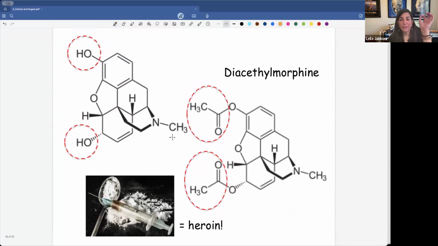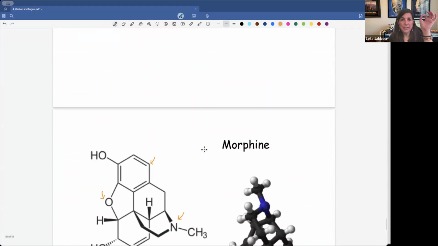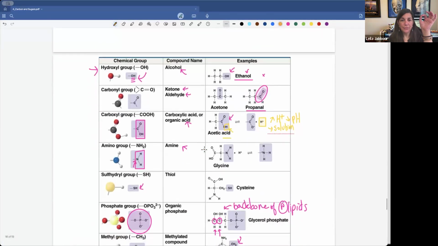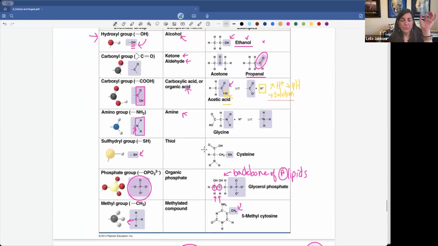If instead of the hydroxyl group, you change these hydroxyl groups into acetyl groups.